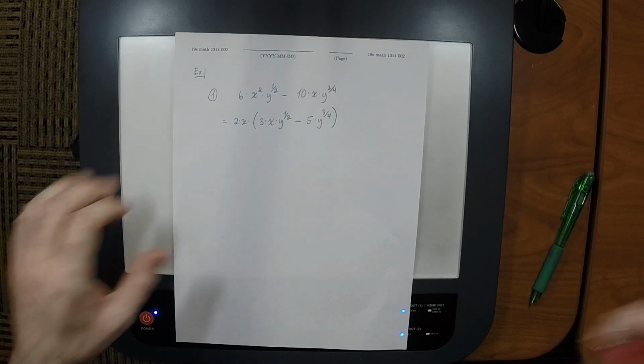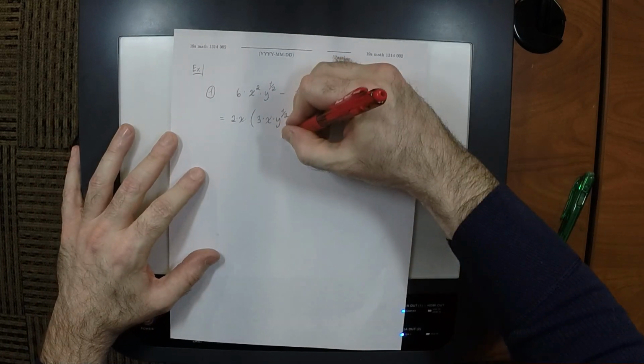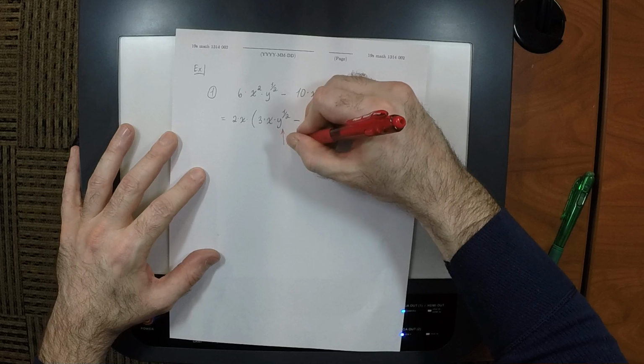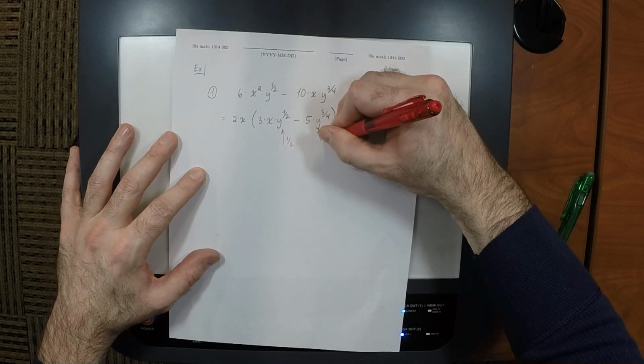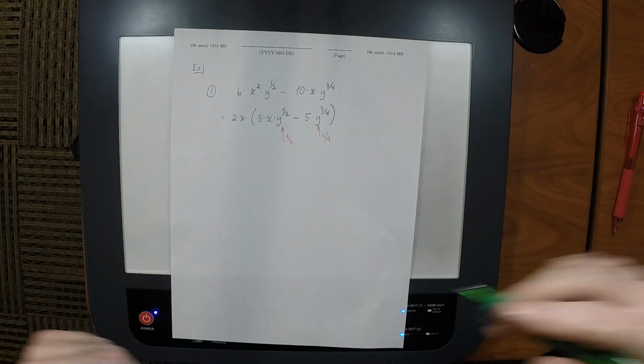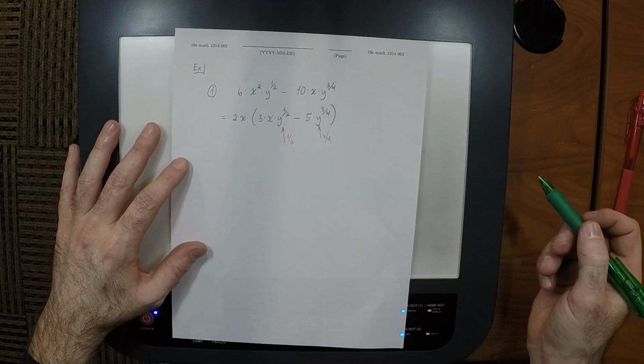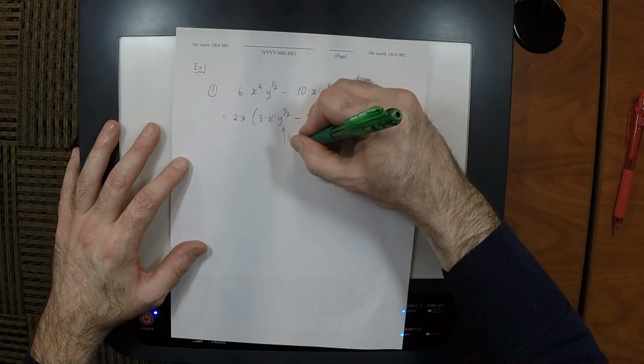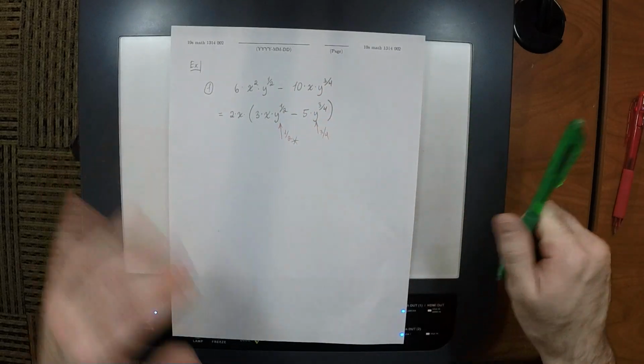Okay, so no more integer stuff can come out. And then concerning the y's, here we have half and 3/4. And the rule is still weakest link. So who is least? Half is. So that's the winner. So that's what comes out.